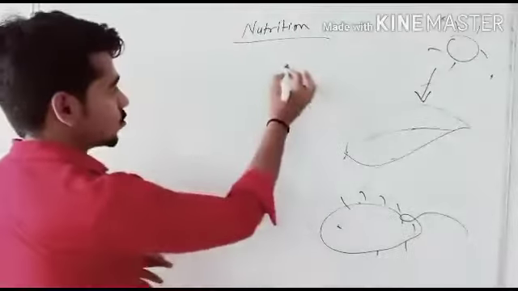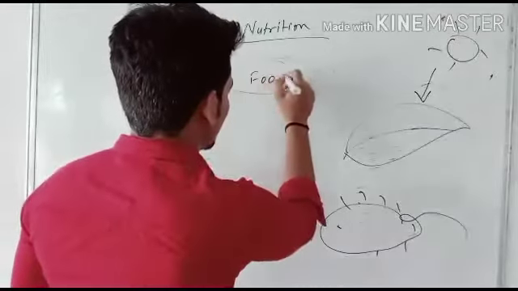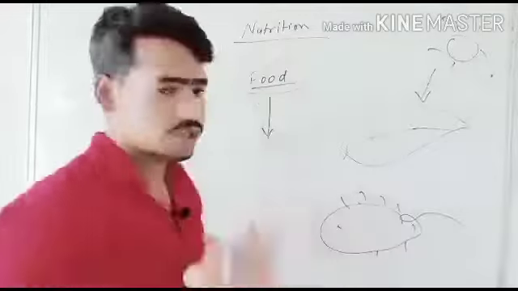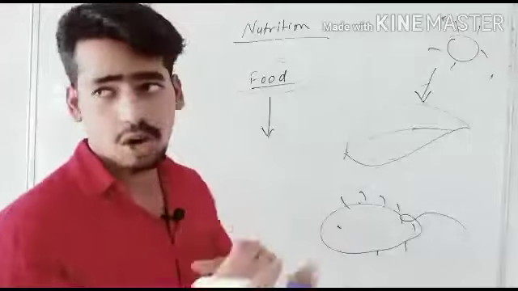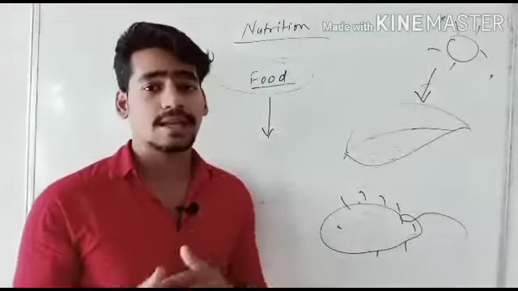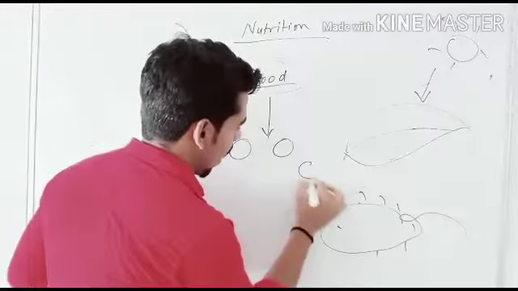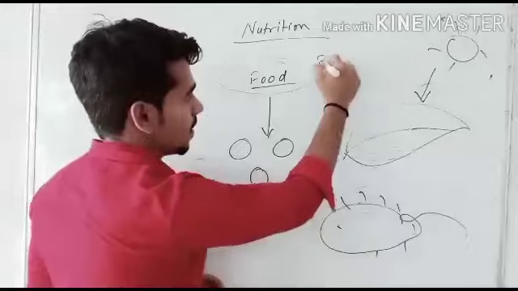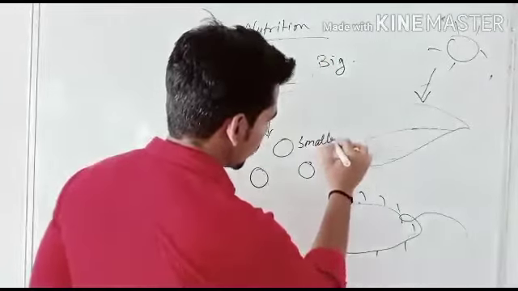So let's watch. This is a type of food. What does digestion do? Digestion simply divides it into small particles so that it can be digested and assimilated in our body. This is a big particle, and these are smaller particles.